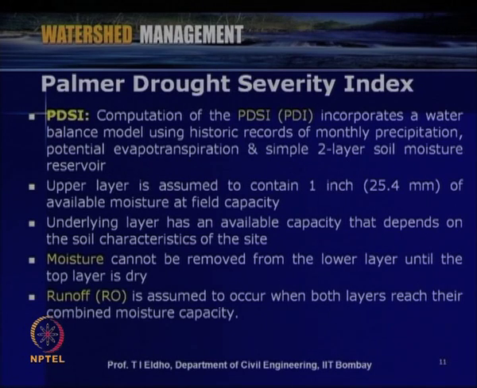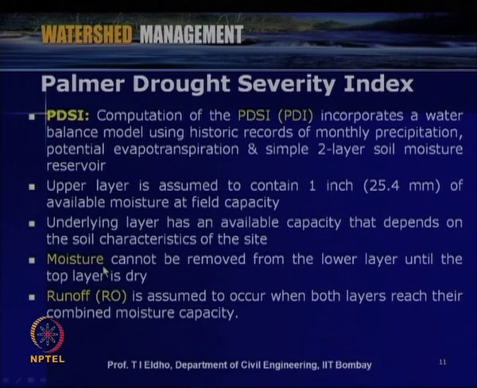So, we consider here a 2-layer soil moisture reservoir. The upper layer is assumed to contain about 1 inch of available moisture at field capacity, and the underlying layer has an available capacity that depends on the soil characteristics of the site. So, in the Palmer drought index we consider the water balance, the monthly precipitation effects, evapotranspiration and the soil pattern also.